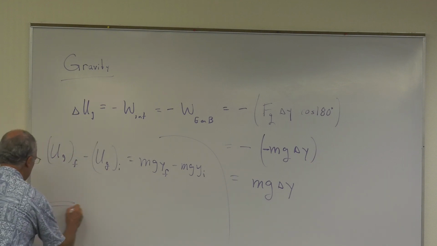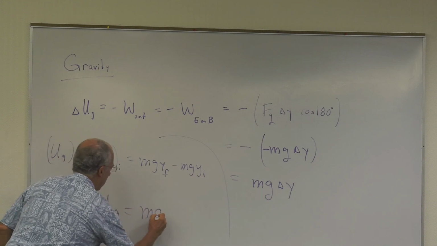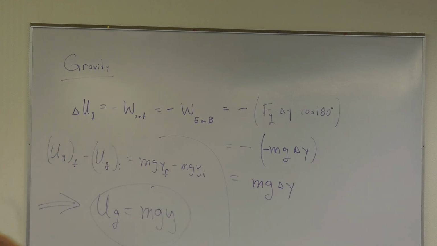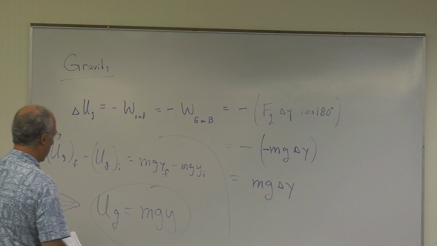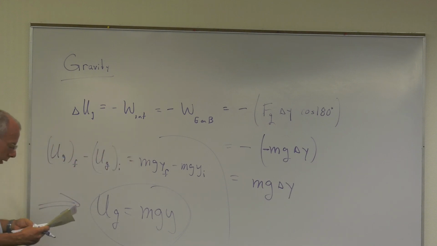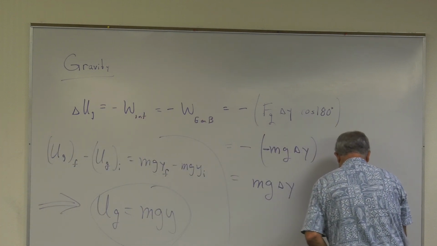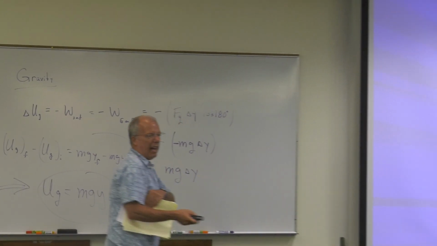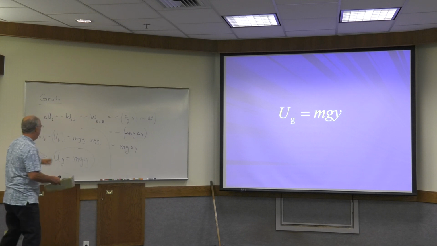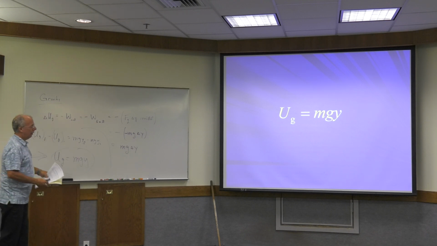We can just, therefore, say Ug equals mgy. So that's kind of how you do it. That's how you use that equation to figure out an equation for the potential energy. That's a nice example of how you do it. And we saw that last chapter, so that's not a big surprise, right? It gets more complicated than this, but this is just a nice, easy example of how you use that equation.